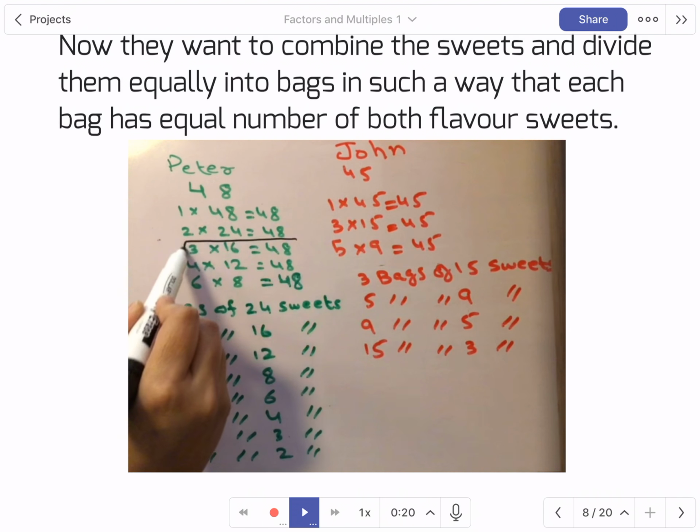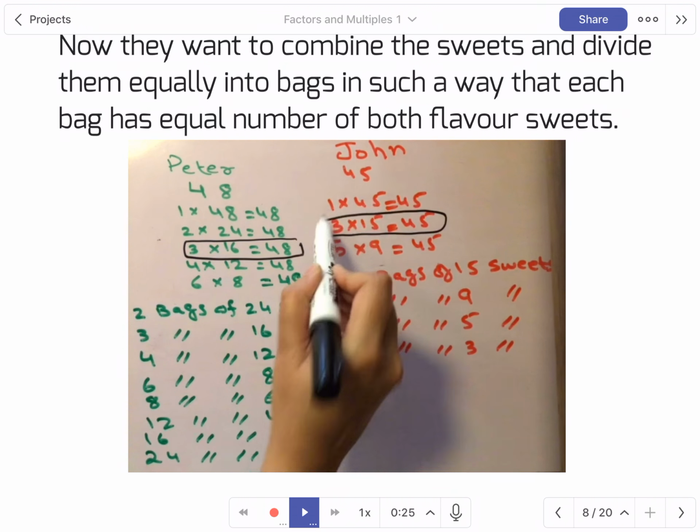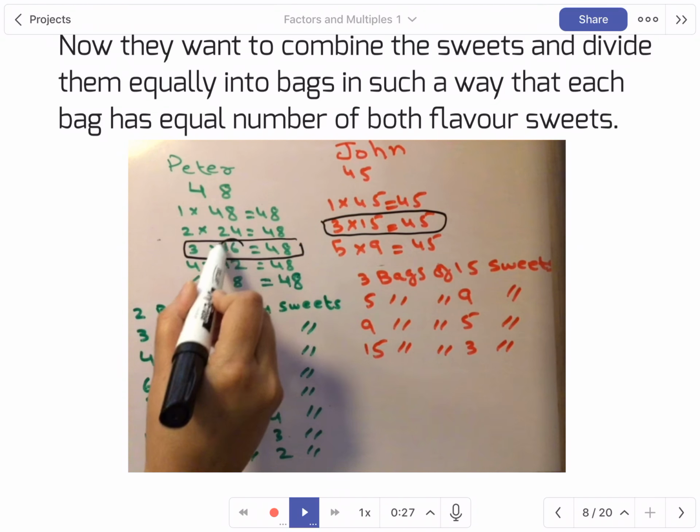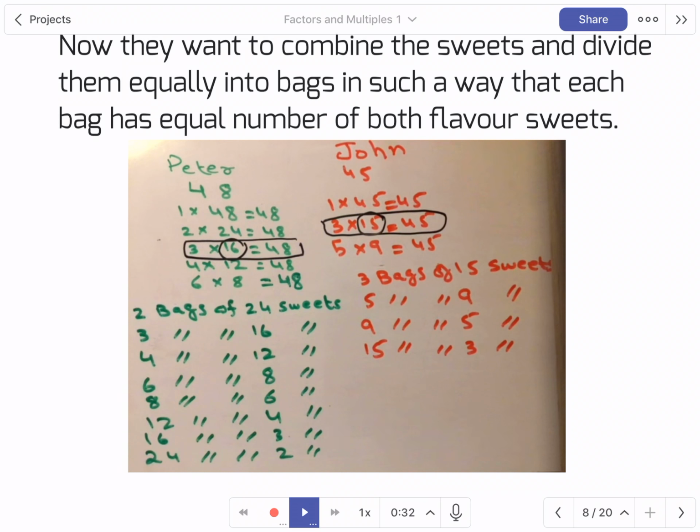The common factor between 48 and 45 is 3. When Peter and John had 3 bags, the number of sweets of Peter was 16 and of John was 15. So they can have the combination of 3 bags, each carrying 16 Peter sweets and 15 John sweets. That will be the solution.